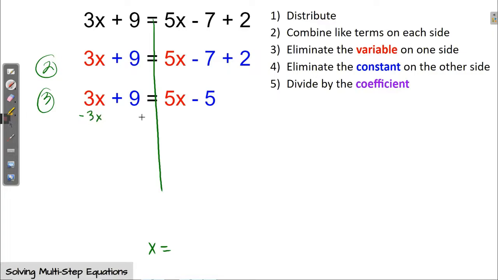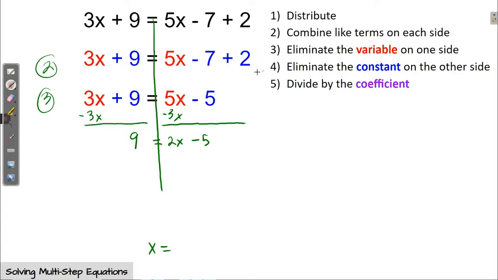And what you do to one side, you do to the other. So I'm subtracting 3x from each side. Now 3x minus 3x cancels out. Bring down my 9 is equal to 5x minus 3x, which is equal to 2x. And then bring down my minus 5.